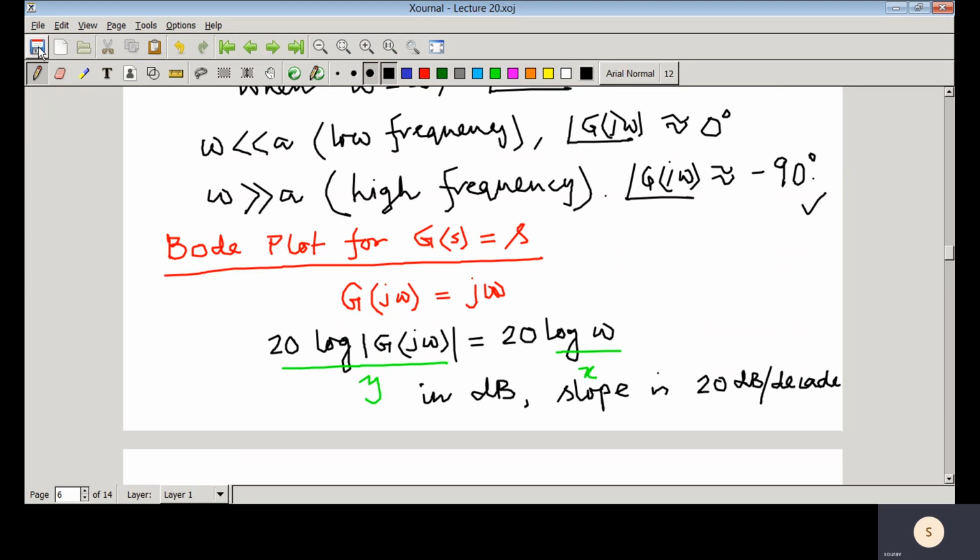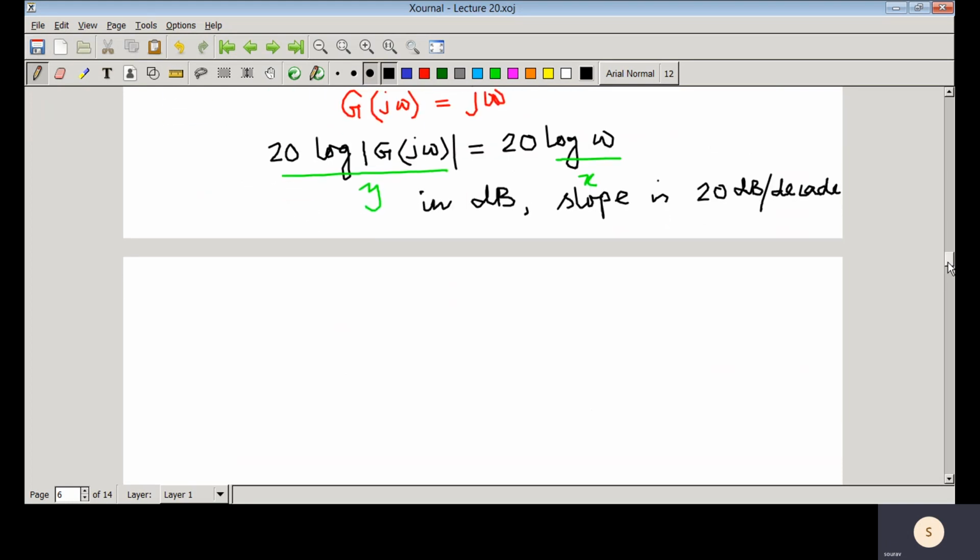And what would be the value when omega equals 1 rad per second? Then 20 log of the magnitude of G(j omega) is equal to 0.